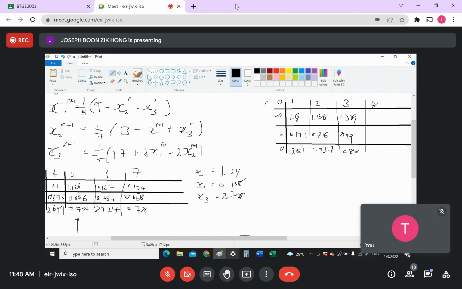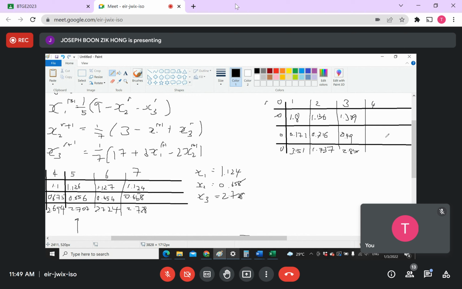Fourthly, continue first. Okay, so fourthly, 9 minus 0.49 minus 2.85 divided by 5.